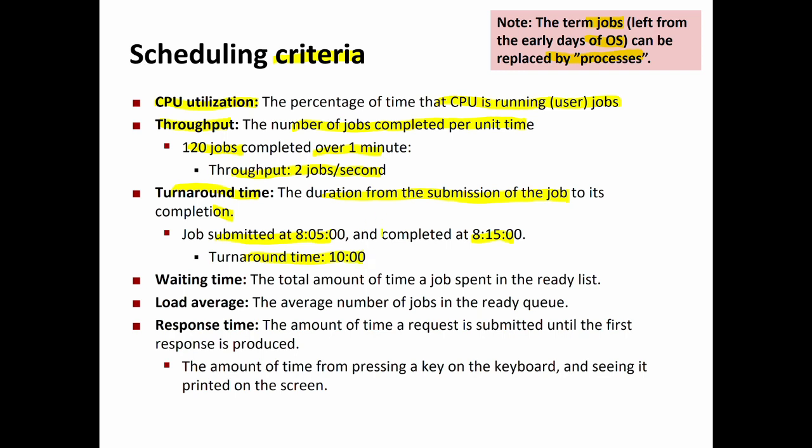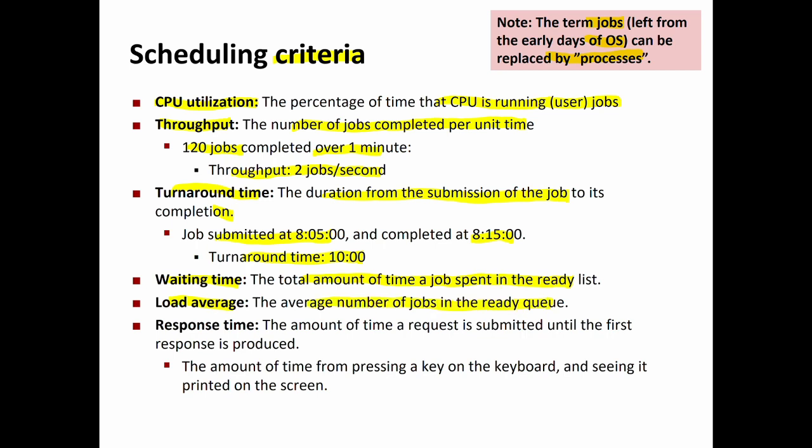So you may wish to minimize this turnaround time, on average, for all the jobs. Other criteria can be the waiting time, which means the total amount of time a job spent in the ready list. The job is ready to be executed, but it's waiting because of the scheduling, because there were other jobs. Or the load average, which is the average number of jobs in the ready queue.